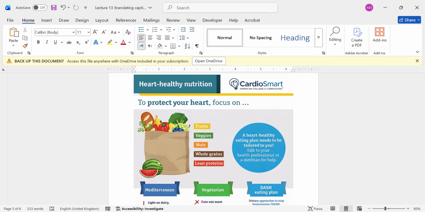In Arabic, it's been translated like this, تكلم مع طبيبك, but it's been borrowed from English. So instead of saying تكلم مع, we can just say استشر أخصائي صحي أو أخصائي تغذية وضع الخطة. So you maintain a sense of music, internal music into your translation.